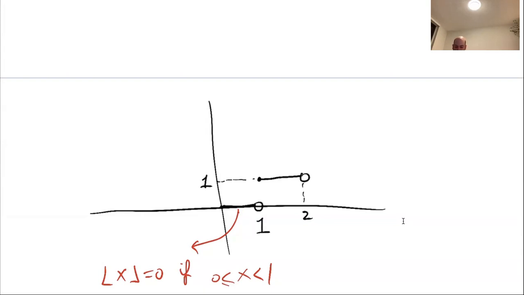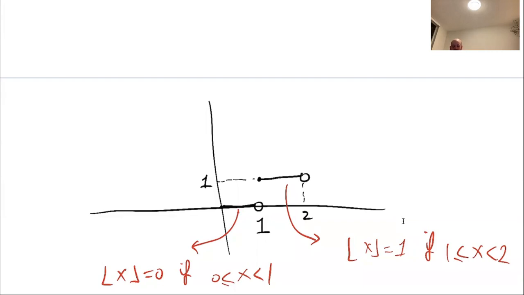The floor is 1. Okay, so I'm looking at inputs and outputs. If the input between 0 and 1, the output is 0. So y equals 0, a horizontal segment.